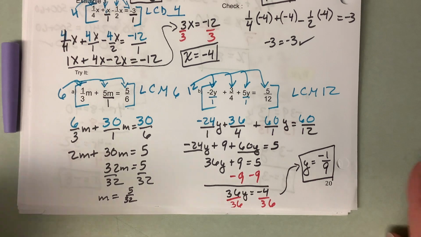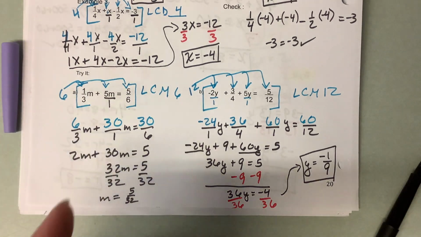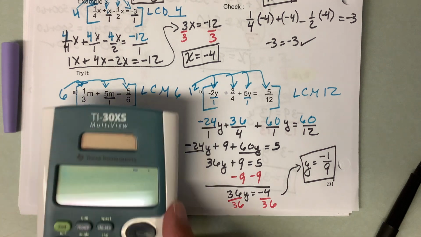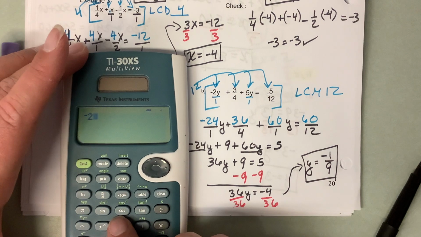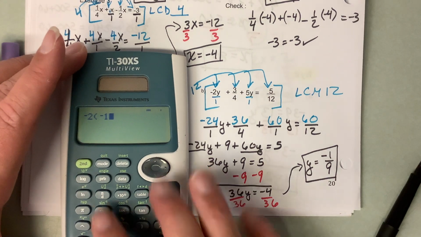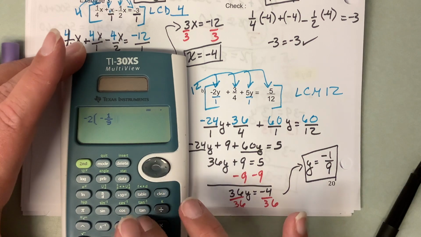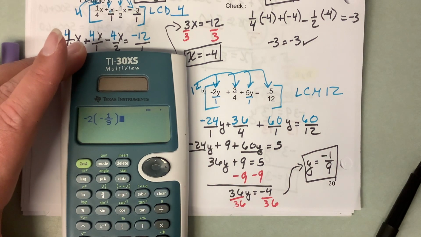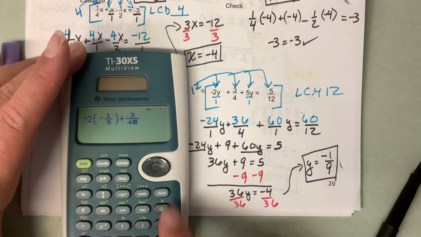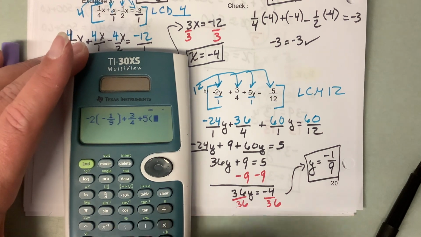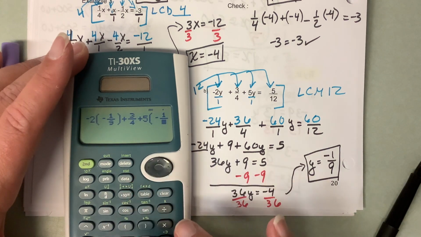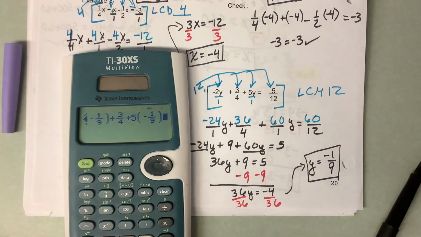Yeah, let's put that in a calculator. Let's go back here and make sure that I didn't do anything too crazy. All right. So, 2 times negative 1/9 plus 3/4 plus 5 parentheses negative 1/9 parentheses, double check.